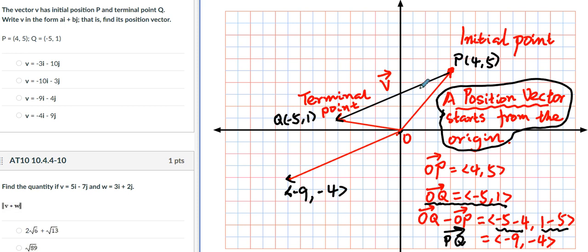But if we have a vector OP, position vector, that would be (4, 5).